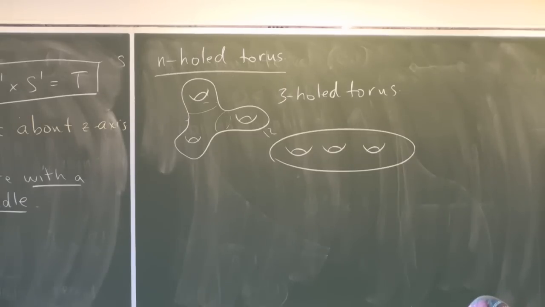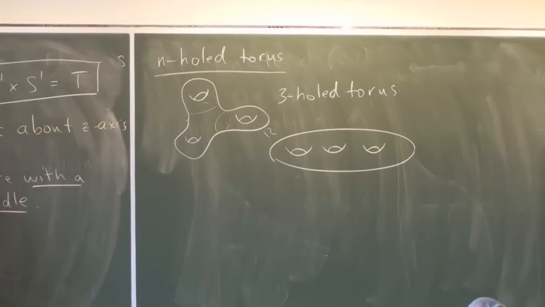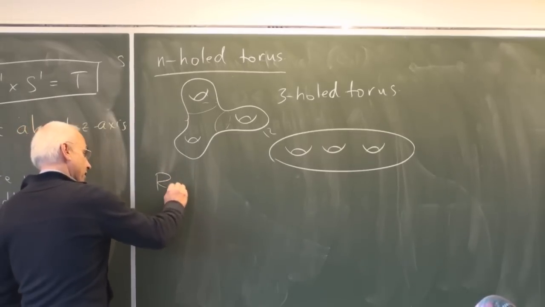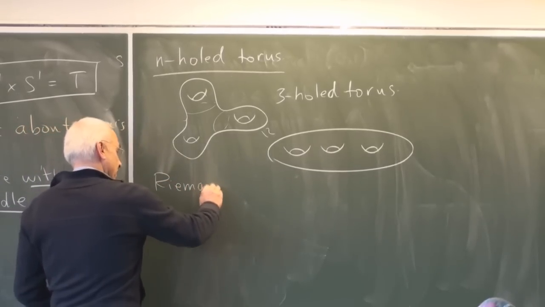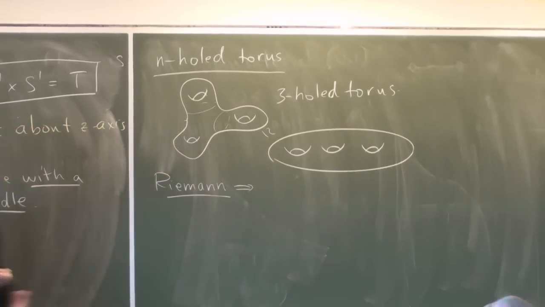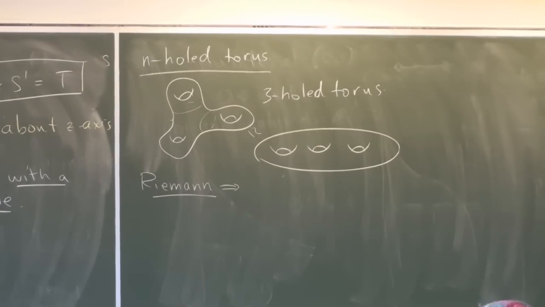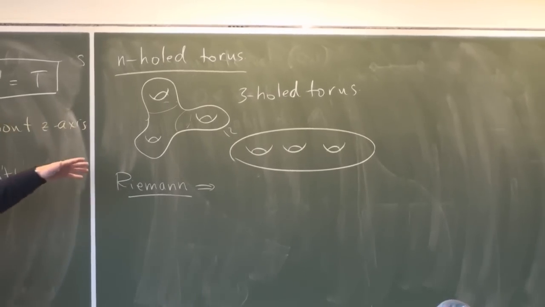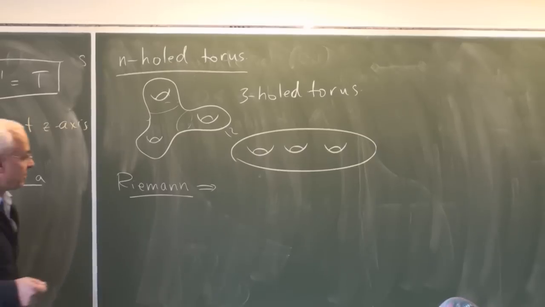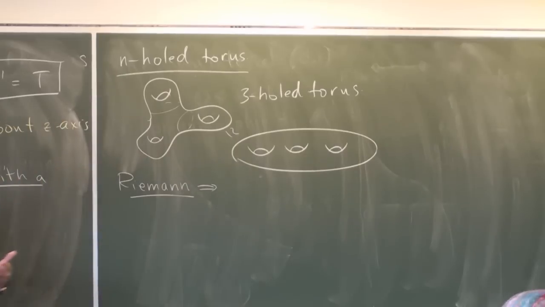Now, these seem like pretty exotic things, but it turns out they come up in practice. And Riemann, in the early stages of the subject, realized that some of the surfaces that he was associating and studying in complex function theory were of this kind. And he recognized that the number of holes was an important property.